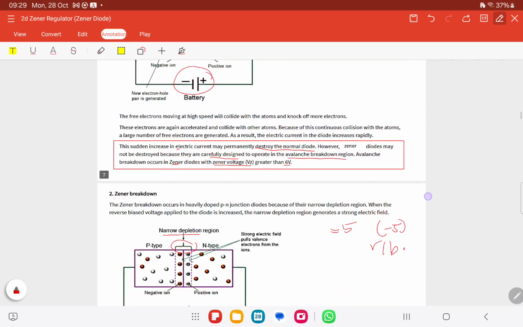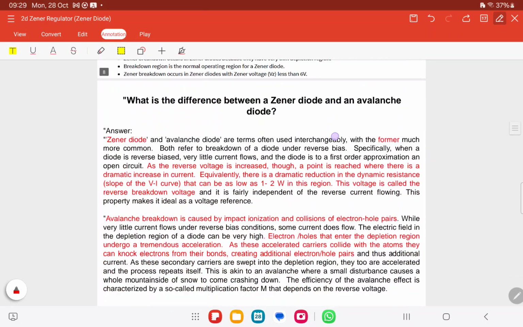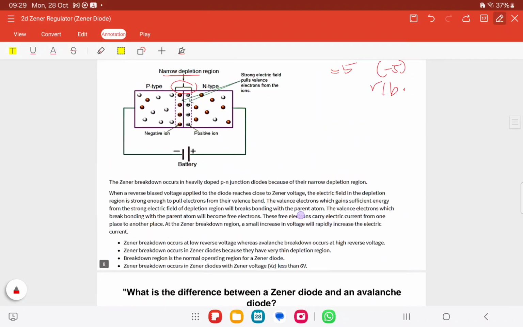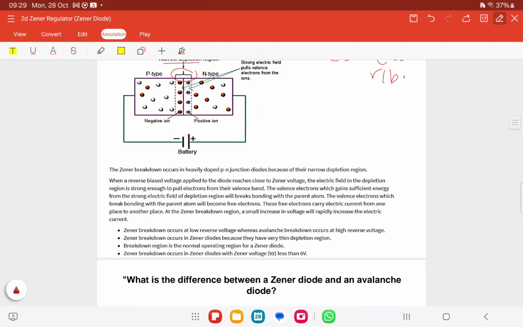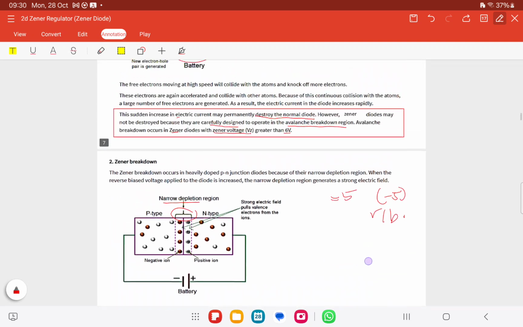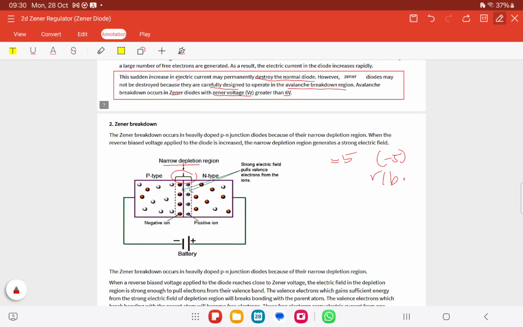Okay, you guys boleh baca lagi detail dia punya explanations. For this Zener breakdown, due to the movements of the carrier in the depletion region.